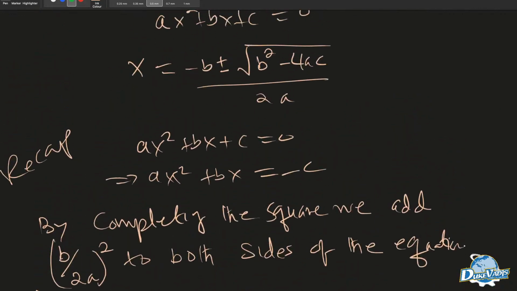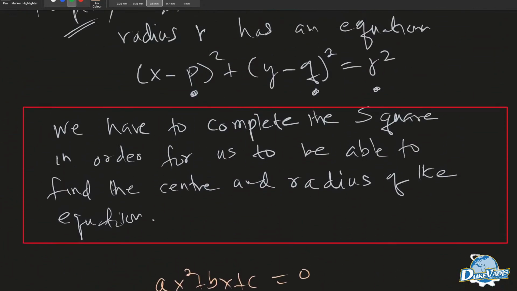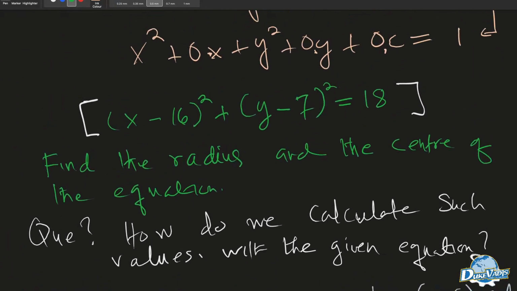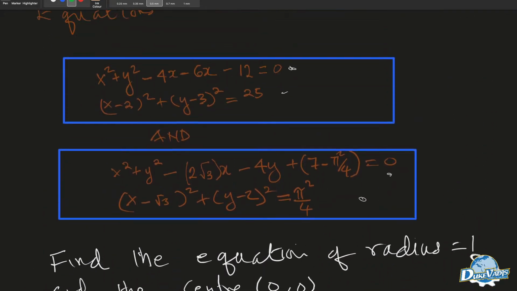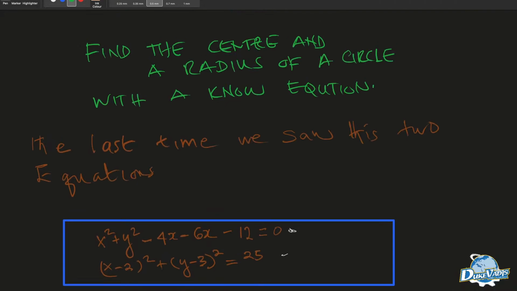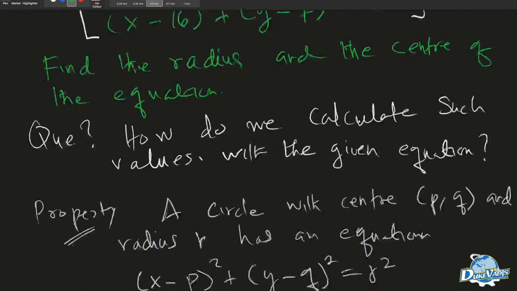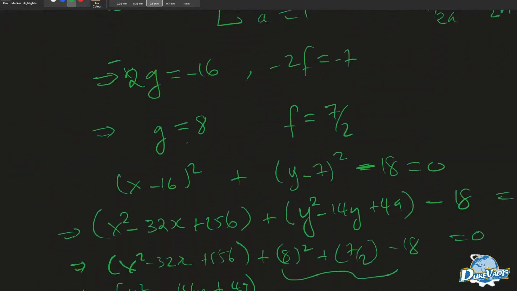We started with the question that says find the center and the radius of the circle with a known equation. So if we have a known equation, we must be able to find the center and the radius easily. Now let's see how we can handle this.